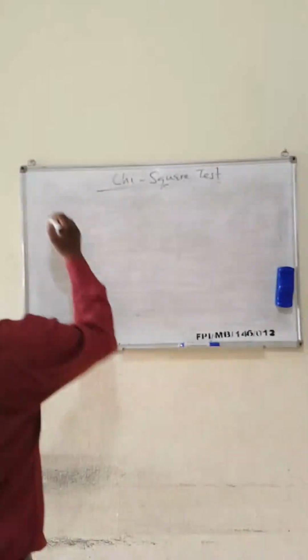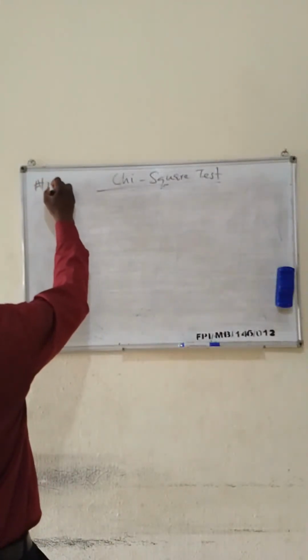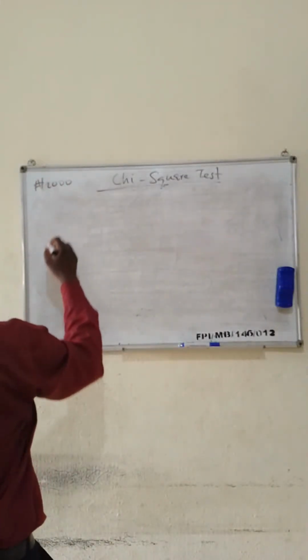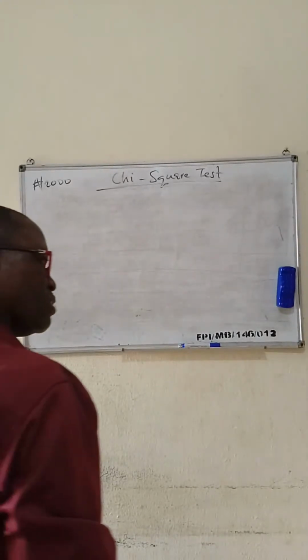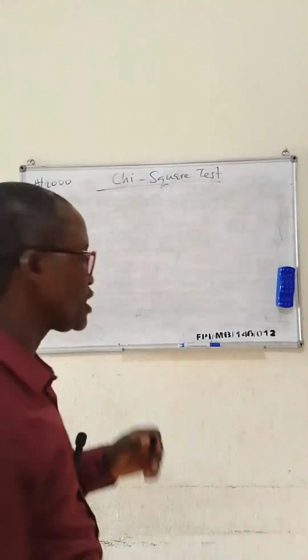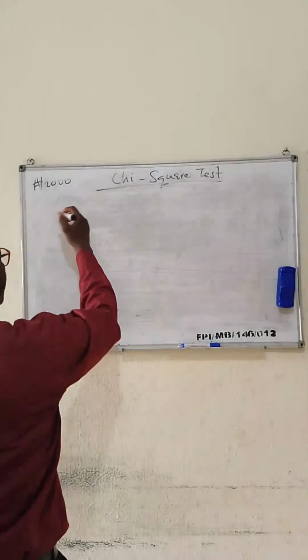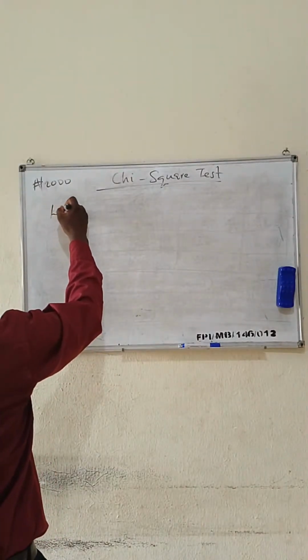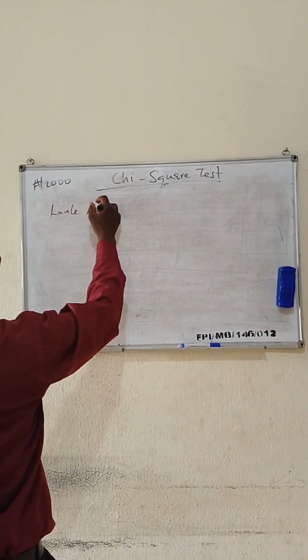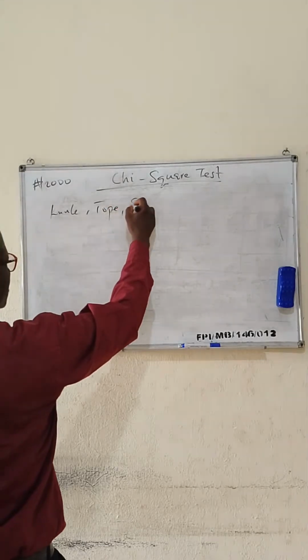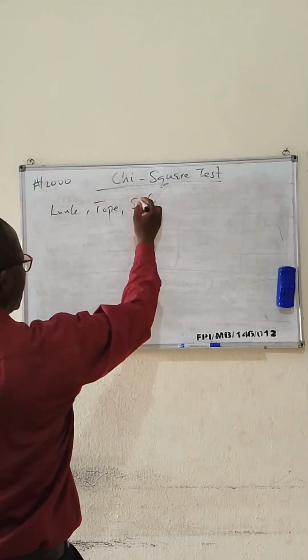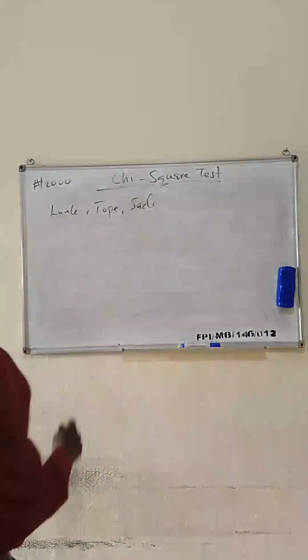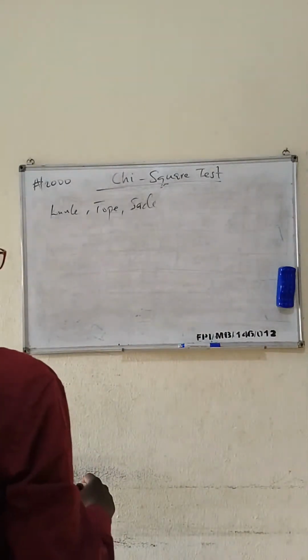Let's say he gave them 2,000 naira, and they are going to share it between the 3 of them. But we found out that they didn't share it equally. So we have Kunle, Tope, and Shade.